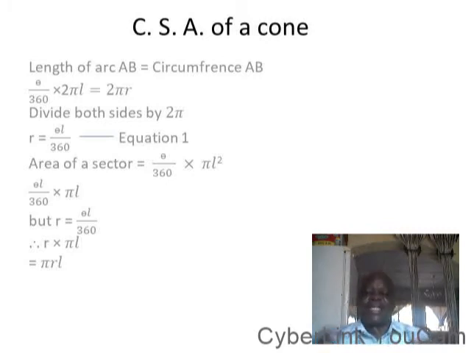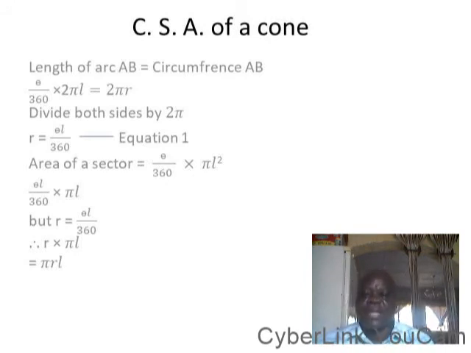Recall that the area of this sector is the same area that we give to the curved surface of the cone. Therefore, since the areas are equal, recall that the area of a sector is what? Theta over 360 times pi r squared. Remember that r is what we are taking as l because it's the slant.